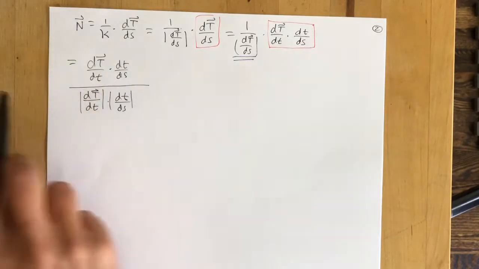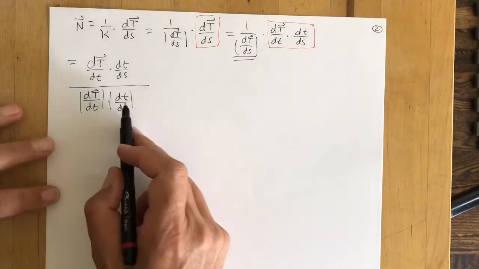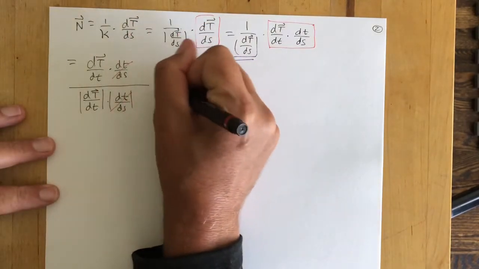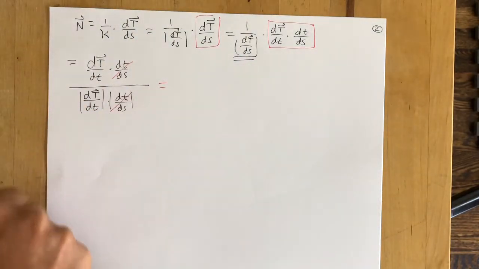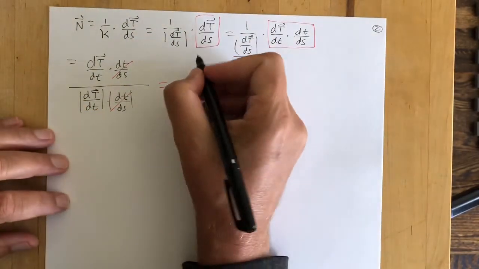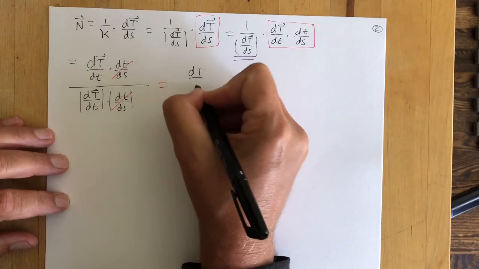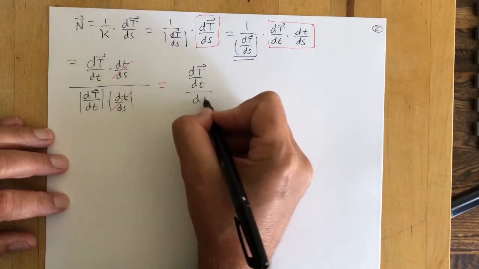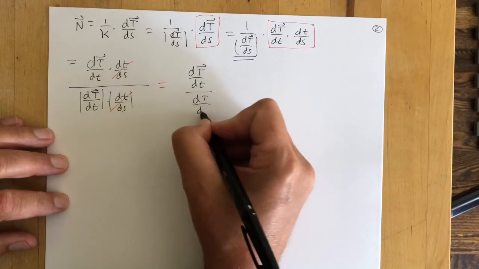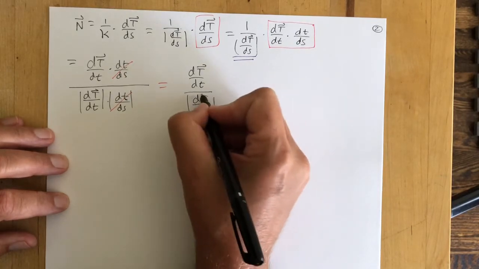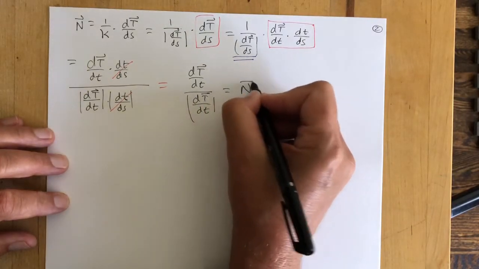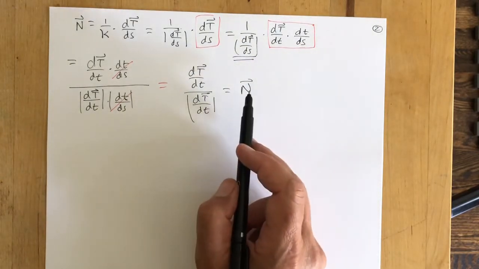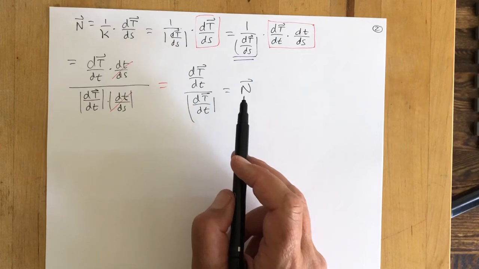Okay, so these are just numbers. They're not vectors, so we can cancel them. And I'm left with the vector dT/dt over its length. And that makes it a unit vector, orthogonal to T.